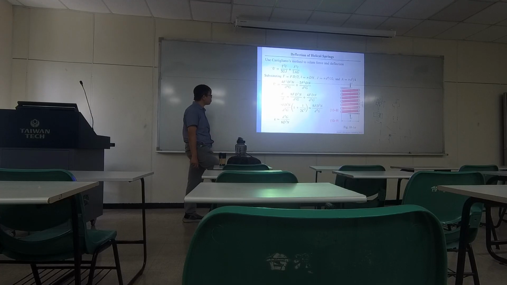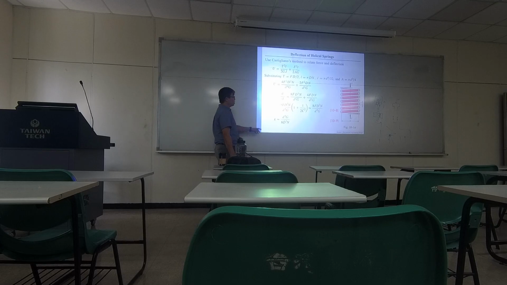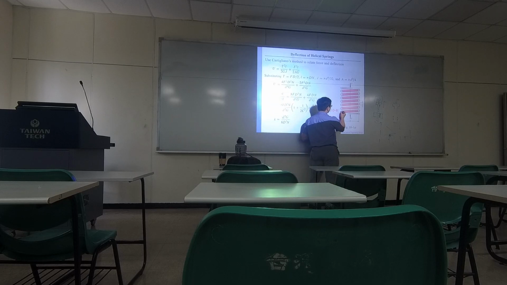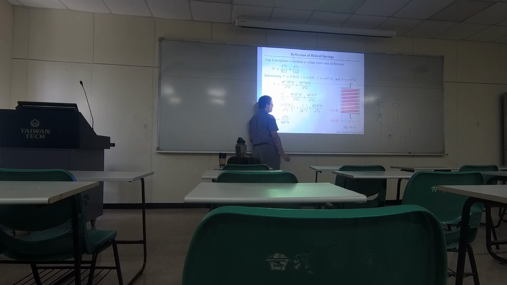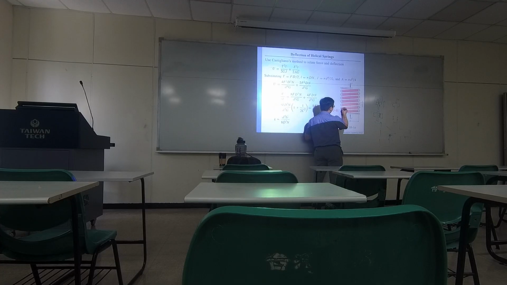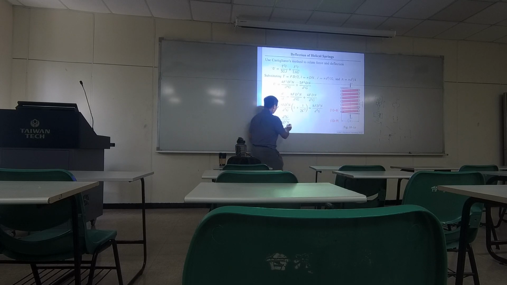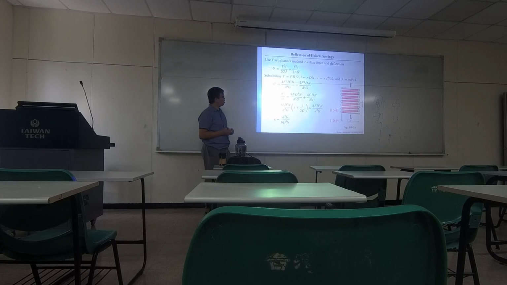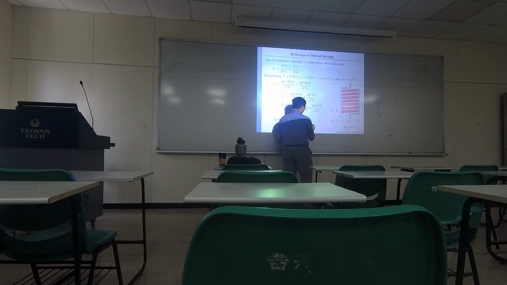So anyway, if you know the diameter of the wire, basically this small d, as mentioned here, if you know the shear modulus of the material, if you know the big D, the diameter from the center to the center, and if you know the number of coils, so one pitch is one coil, and another is two coils.